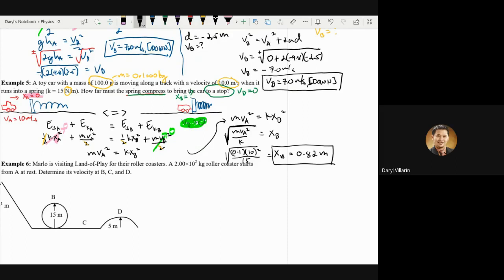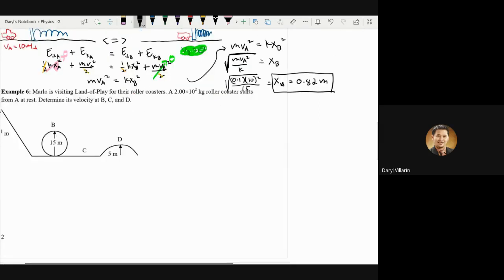So in a way, the energy method becomes a shortcut. If you want to try it out using Newton's laws of motion as well as the kinematic equation to solve for x_b, maybe if you want to challenge yourself.